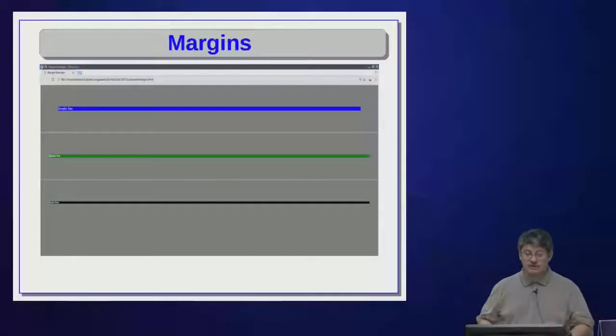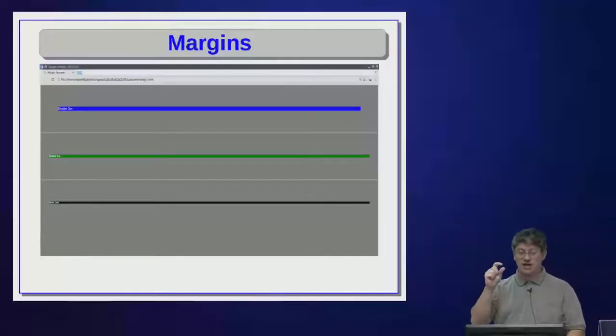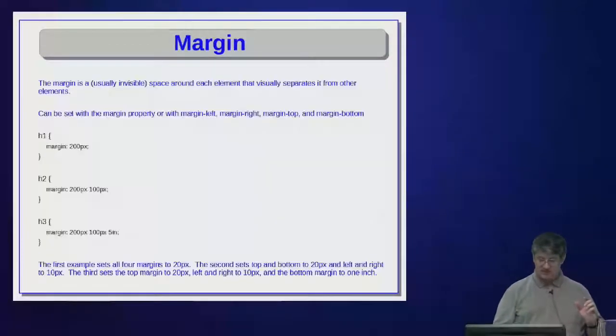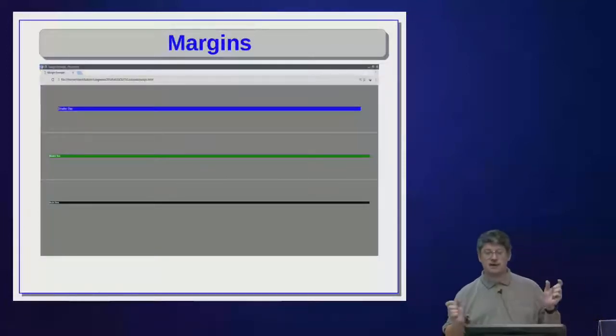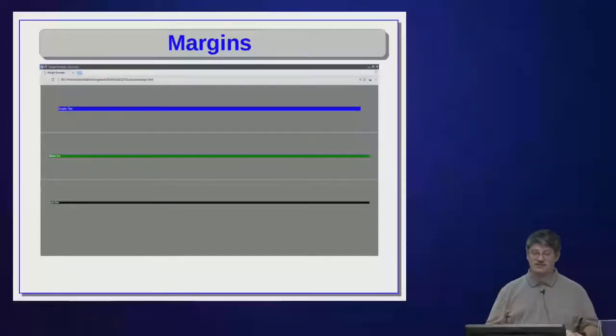They're only 100 pixels. The bottom box, the H3 box, has been styled so that it has 200 pixels on top, 100 pixels on the bottom, and 5 inches on left and right. That's not correct. Oh, I've styled it so the top margin is 20 pixels, the right margin is 15, and the bottom is 5 inches.